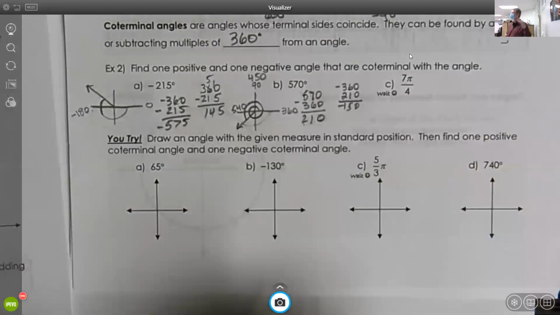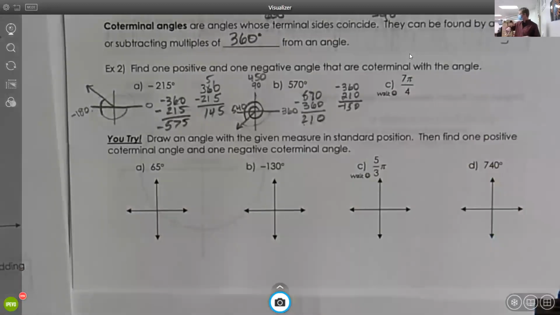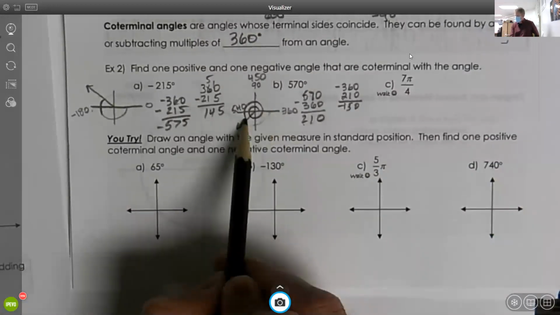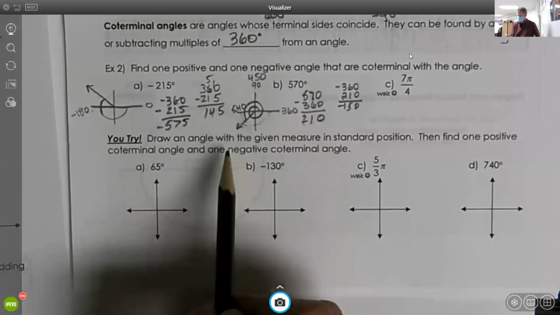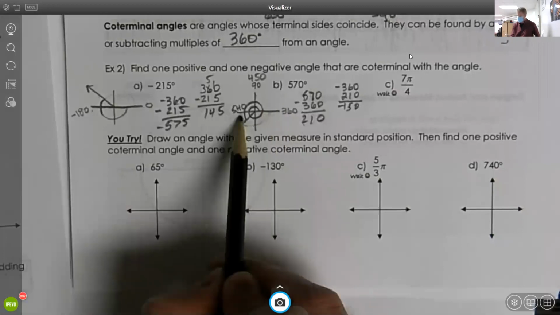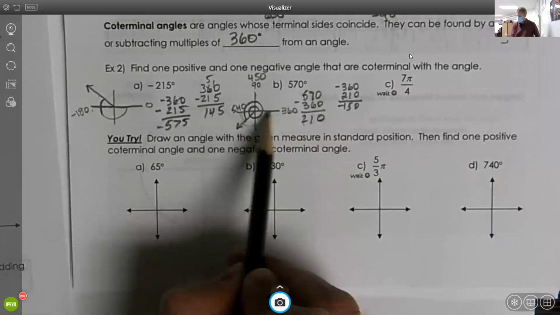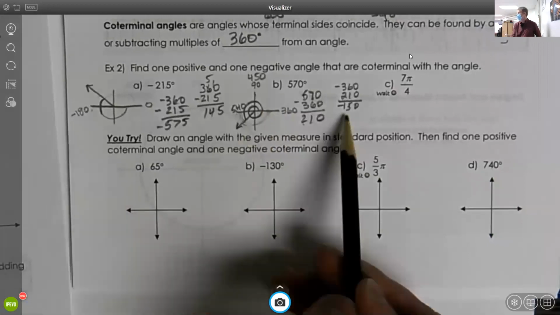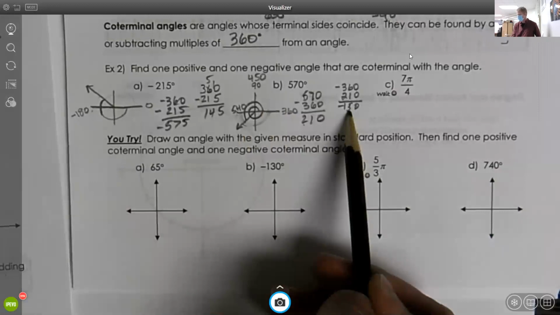Isn't that 30 more than the 180 we decided to get to? 540 came all the way to here. We went 30 extra degrees to get to the 570. So it's 30 degrees in here. We're going to call that a reference angle in the future. So this is 30 degrees, not quite half the circle. So 30 degrees less than half the circle is 150. 30 degrees less than 180, half the circle.